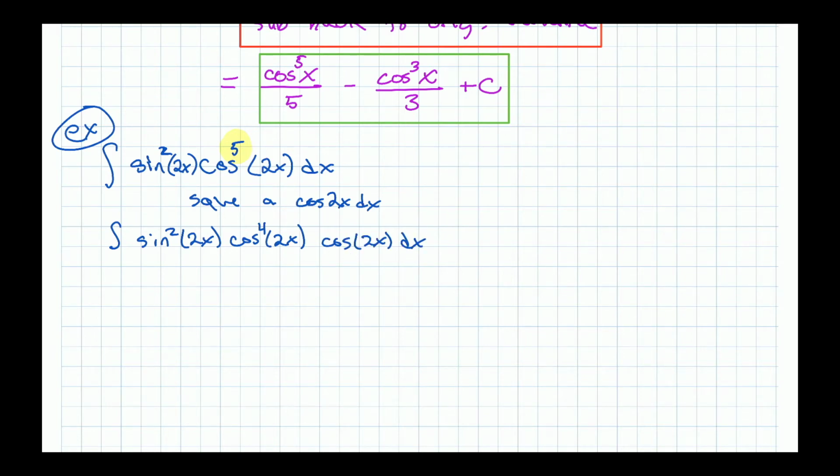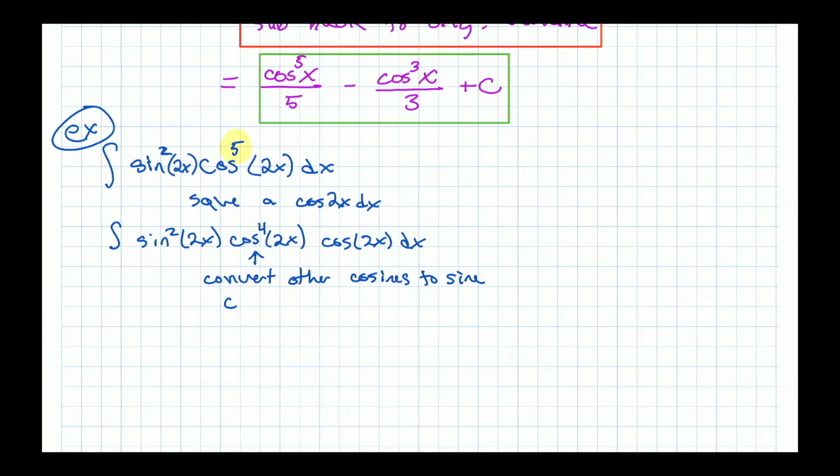All right. Now what we're supposed to do now is convert the remaining cosines into sines using the Pythagorean identity. So convert the other cosines, the ones left behind, to sines. And how are we going to do that?